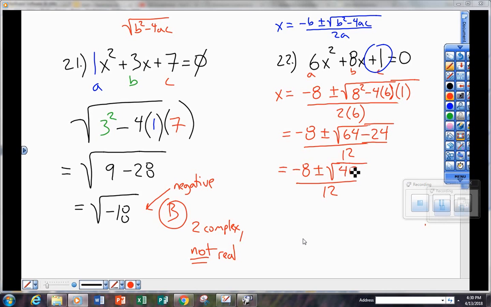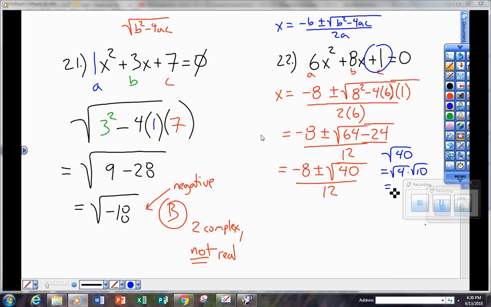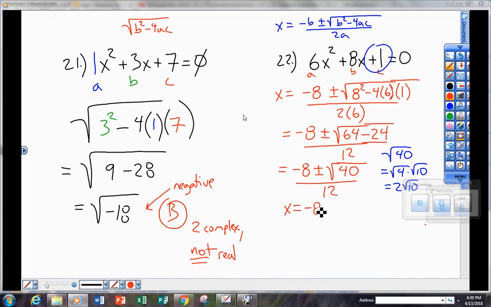And then 40 is one of those numbers you need to break up. 40 is root 4 times root 10, and root 4 becomes 2. So you replace that right here. That gives you negative 8 plus or minus 2 root 10 over 12.